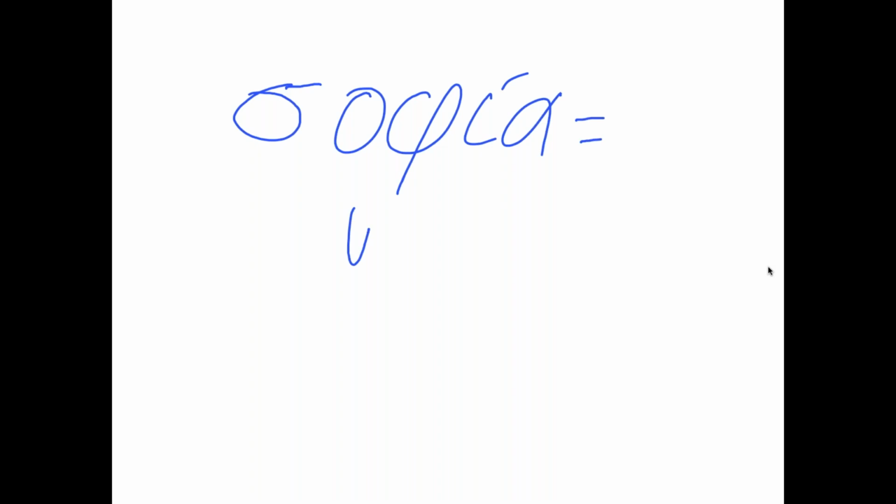Wisdom. Okay. Everyone got a fairly good handle on those? At least some idea? Okay.